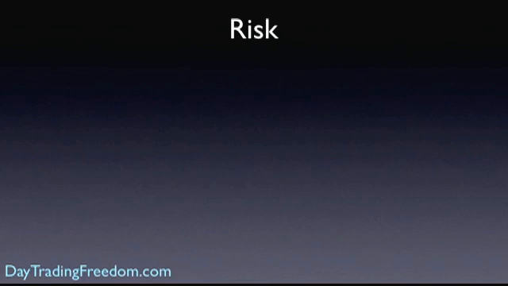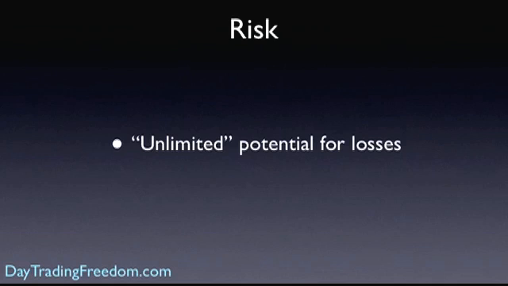One other big risk with going short, and a problem as such, but it is a risk that's well worth bearing in mind, is that there is unlimited potential for losses when you go short. Why unlimited? Well, if you think about it, when you buy stock, the maximum amount you can lose is if the price of that stock drops down to zero. So you've lost everything you paid for the stock.